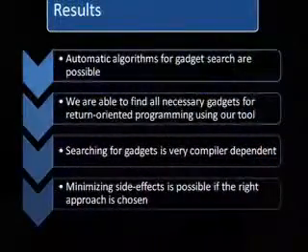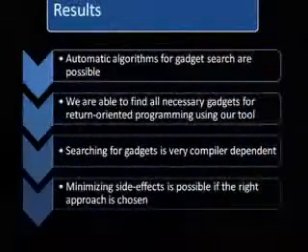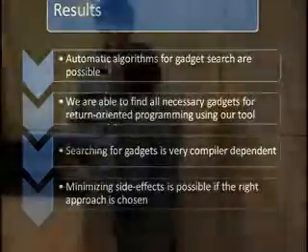So, what did I show you? First of all, that automatic algorithms for extracting gadgets from any kind of binary that you put in are totally possible. Given you have enough functions and given that they don't all do the same things, automatic gadget search is always possible, and you will find all the gadgets that you need for any usable exploit.